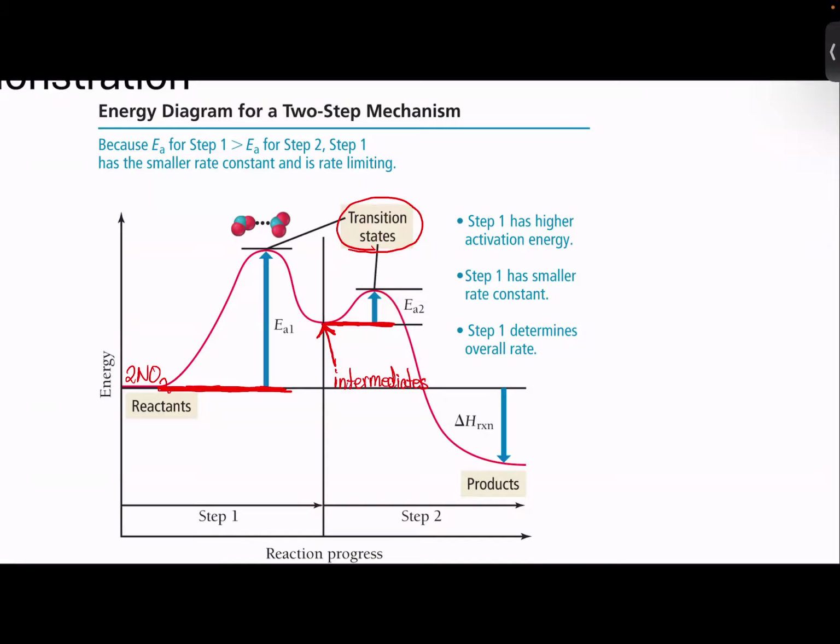The next thing being an NO3, let me write it under the word, and an NO. The NO3 then undergoes a transition, and it reacts with carbon monoxide, and you ultimately wind up with the products of nitrogen monoxide and carbon dioxide.